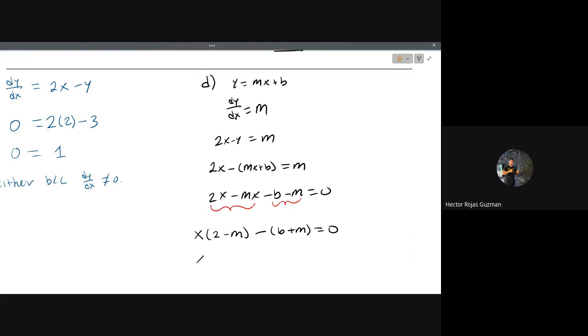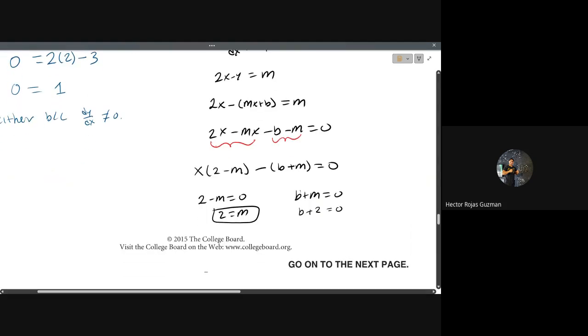Because if they're 0, then you're going to get x times 0 minus 0, and you're going to get 0. So set the 2 minus m equal to 0. And that's your first value. Set the b plus m equal to 0. And we already know that m equals 2. So in that case, b equals negative 2.